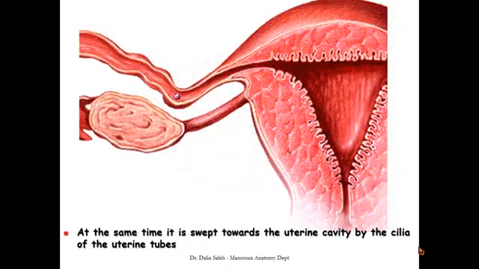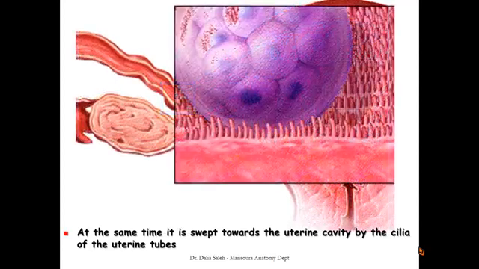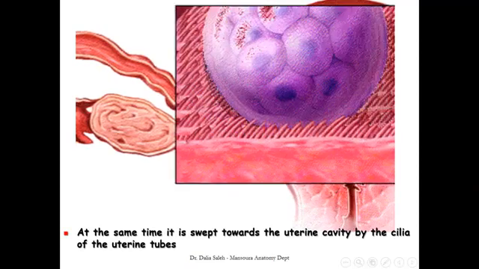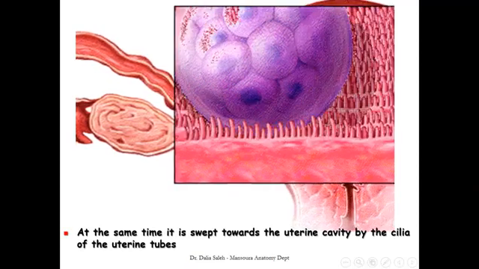At the same time, the morula is swept towards the uterine cavity by the cilia of the uterine tube. So let's enlarge this area again and see that this is the morula made of a ball of cells, about 32 blastomeres inside the zona pellucida, and these are the cilia of the uterine tube, and they move in one direction to move the morula towards the uterine cavity.